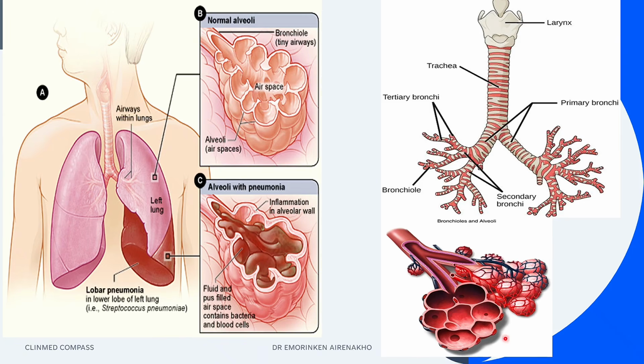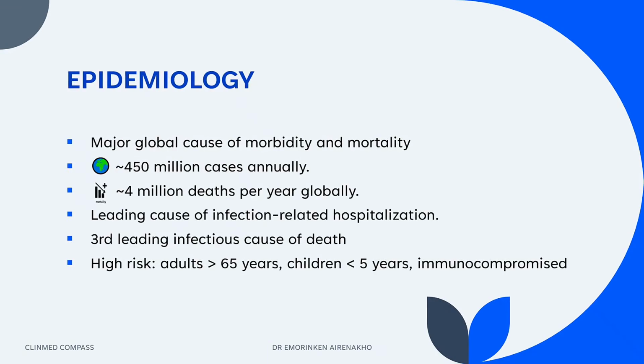This is a section of the alveoli, which are the air sacs where oxygen exchange takes place. However, if there is pneumonia, let's say infection by Strep pneumoniae, it causes inflammation of the lung parenchyma as well as the alveoli. The alveoli become inflamed and filled with pus or fluid, thereby affecting gaseous exchange.